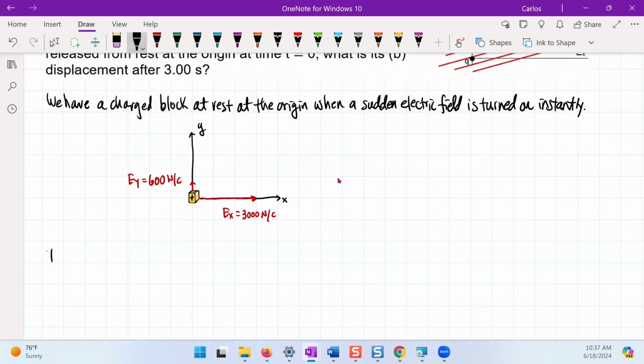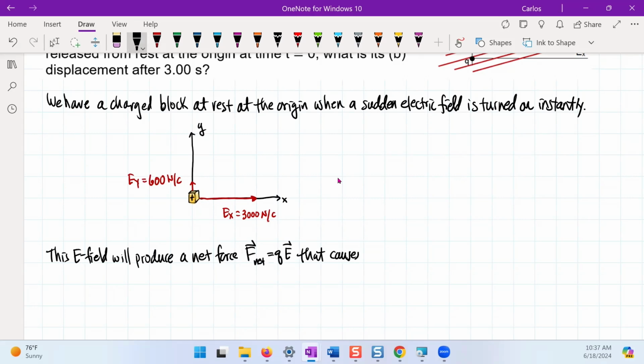So this electric field will produce a net force, and that net force is going to be equal to the charge times the electric field that causes the charged block to accelerate. And it should follow the direction of the net electric field as well as the net force.